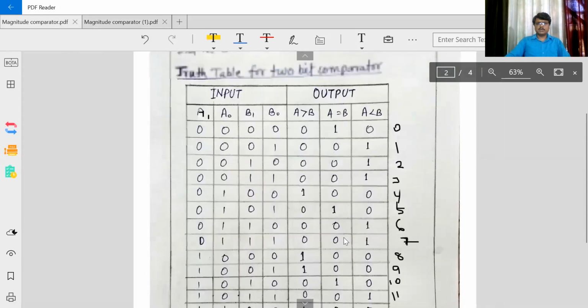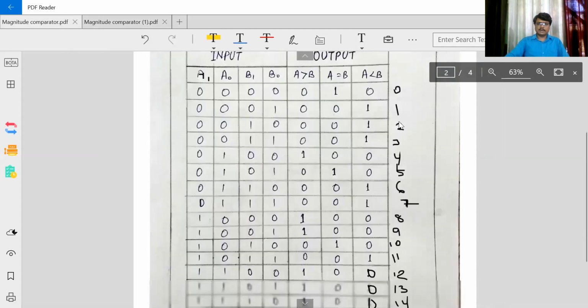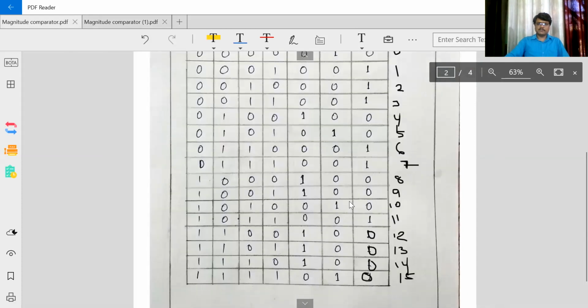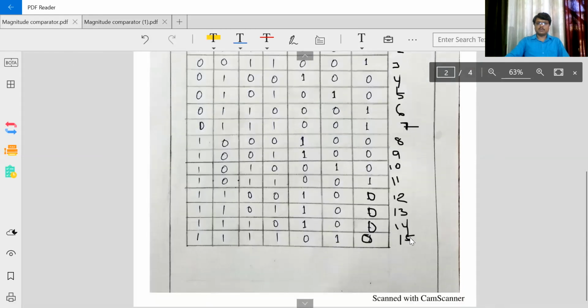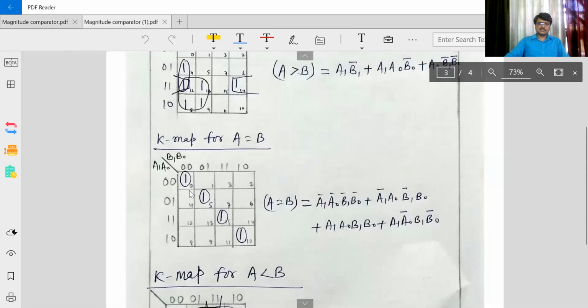So it has only 4 entries, one at 0, one at 5, one at 10, and one at 15. All these are individual elements, so there is no problem in writing the output.